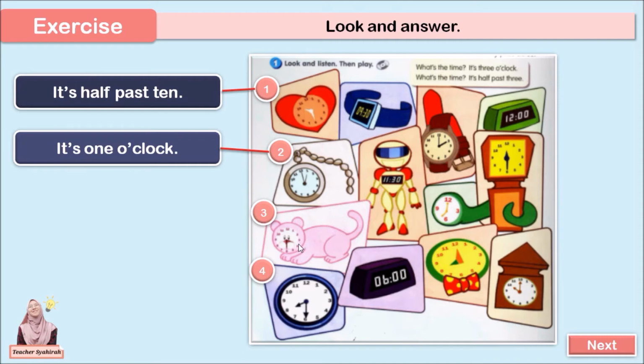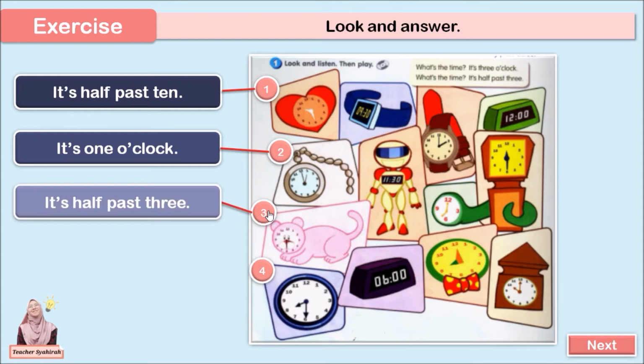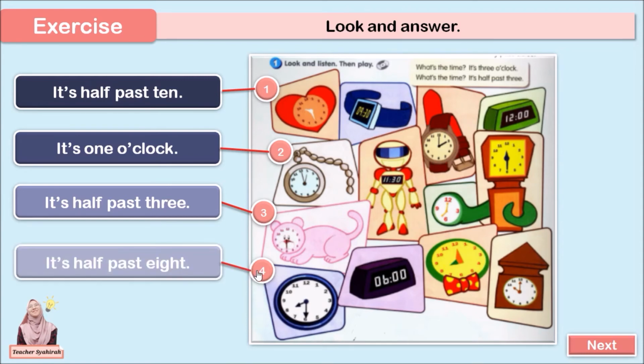It's slightly below 3. And then the longer one shows at 6. So what time is it? Yes, it's 3:30. Now the next one, the shorter hand shows at 8 and the longer one shows at 6. What time is it? Correct, it's 8:30. You're doing great.